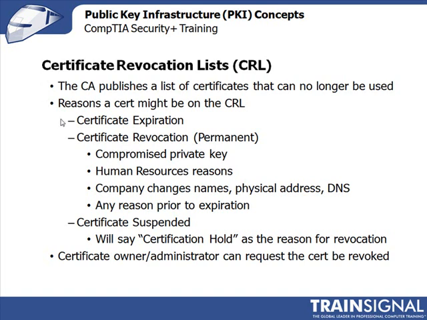Well, it's expired, or it's been revoked. Say it has a compromised private key. Or an HR reason like the key owner no longer works for the company. Or the company itself has changed names, physical address, DNS, or any reason prior to expiration, it's revoked.